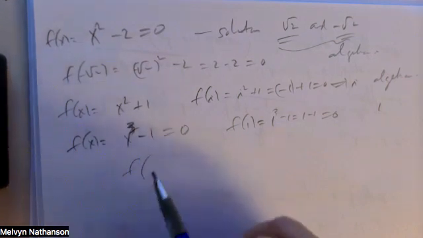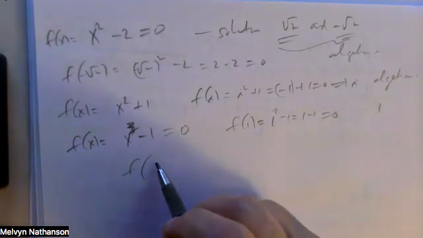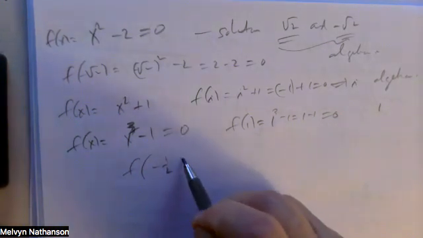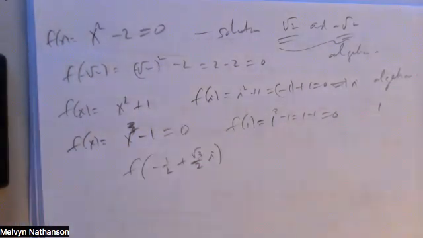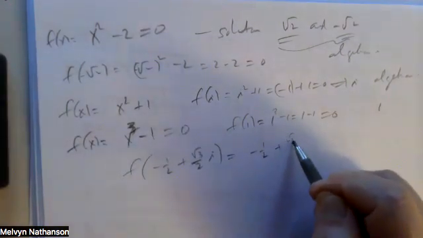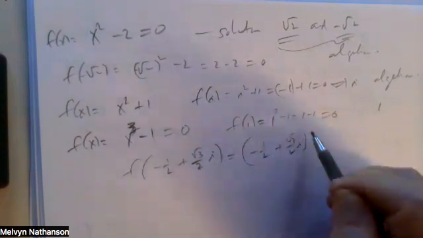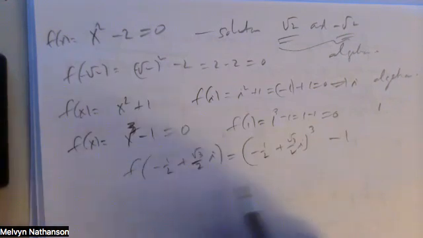What else is a solution? If you take minus a half plus root 3 over 2 i, that's minus a half plus root 3 over 2 i, cubed, minus 1. Let's see, what is that?